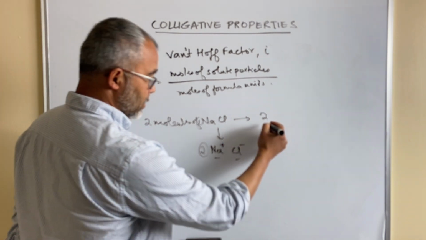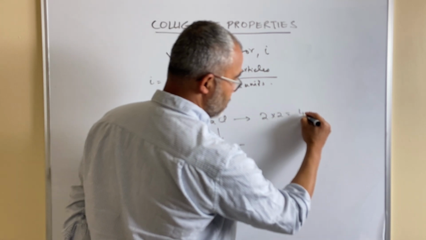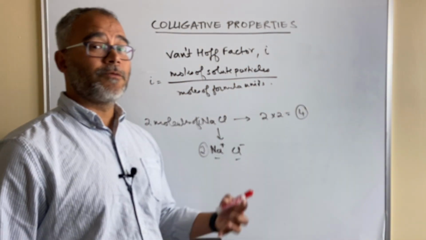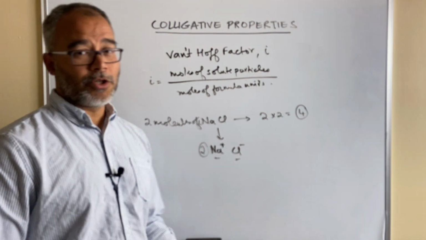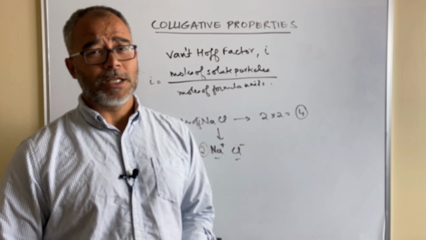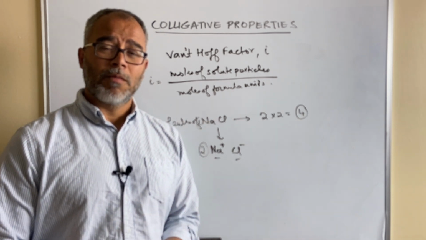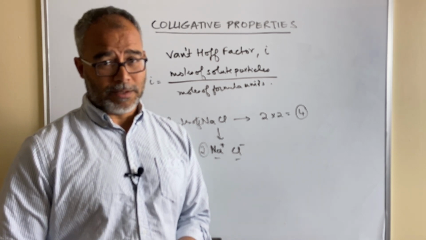Therefore, for 2 molecules of sodium chloride, you should see 2 times 2 is 4. So you'll see the effect playing out as if it was 4 molecules of sodium chloride you put in there. The reality is the sodium chloride split. If you recall our definition of colligative properties, we don't care what it splits into, we don't care what the molecule is, we just care how many entities or how many particles are present in solution.